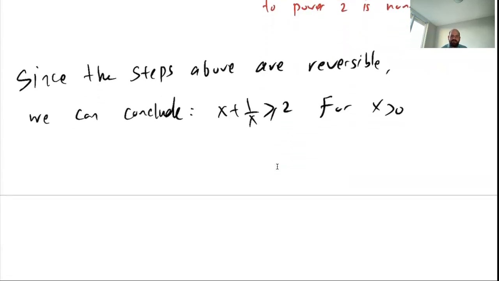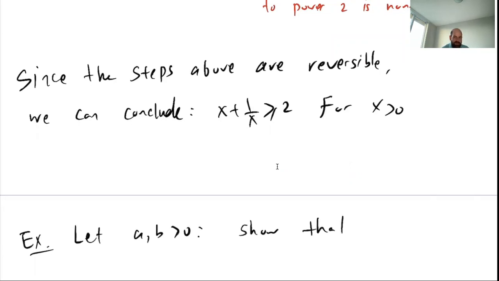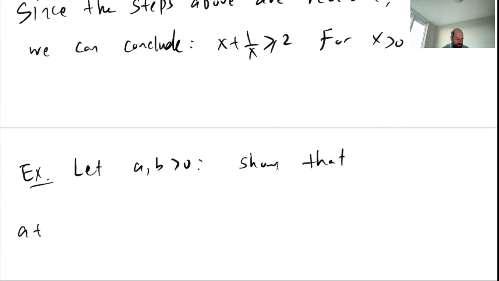Example: let a and b be positive numbers. Show that (a plus b) over 2 is bigger than root ab.